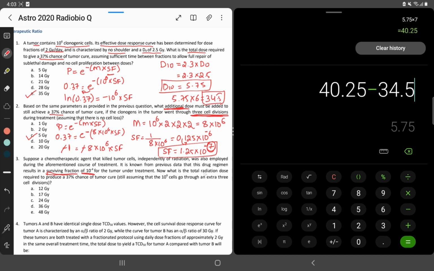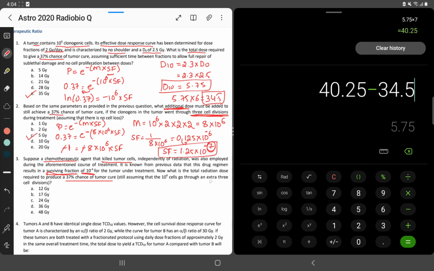Now, what is the total radiation dose required to produce 37% chance of tumor cure, assuming that the 10 to the power of 6 cells go through those extra 3 cell divisions? Now, due to this chemotherapy, what is happening? Just suppose it is killing the tumor cells, so the radiation required will be lesser. So we need to find the factor by which the radiation has to be reduced.